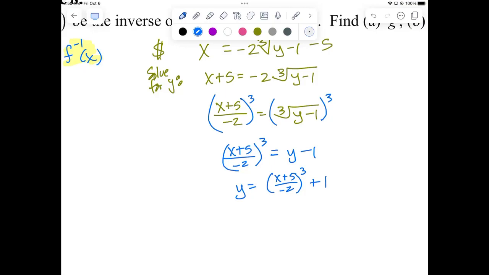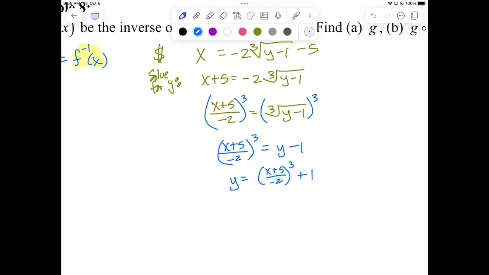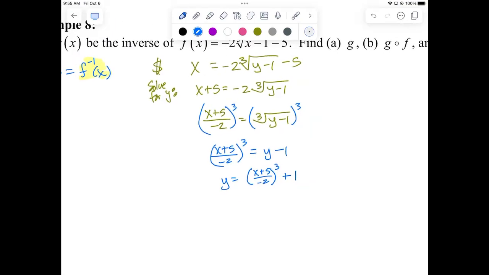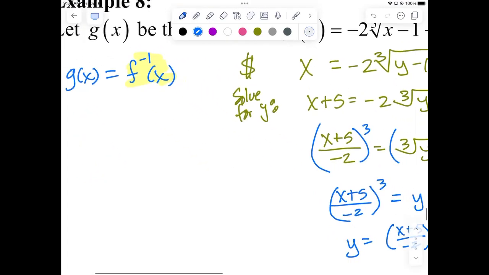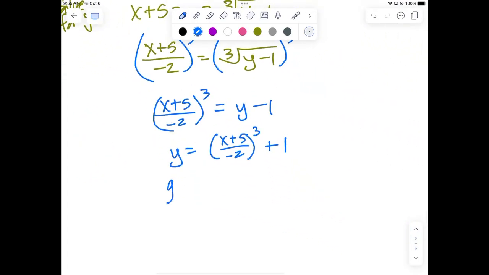Now, technically, that's the inverse, but now we're going to tidy it up. We're going to rename it. What are we going to call y? It is f inverse, but what nickname are we going to give it? g of x. I'm going to call it g of x. And then I'm actually going to split this up. I'm going to distribute the 3 on the exponent to both factors. I'm going to say it's (x plus 5) cubed all over negative 2 cubed, which is negative 8.